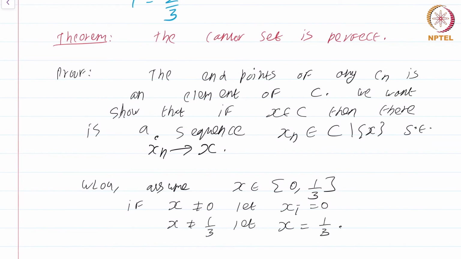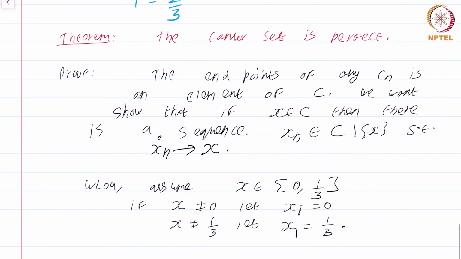Okay. So if it is one of the endpoints, choose the other endpoint. If x is in the middle, it really doesn't matter. The way I have written it, x1 is sort of ambiguously defined if x is there in the middle, but it doesn't matter. Choose any one of the endpoints if x is actually somewhere in between 0 and 1/3.